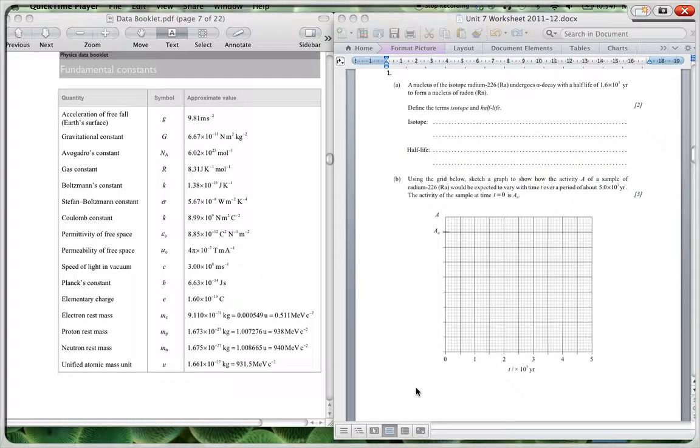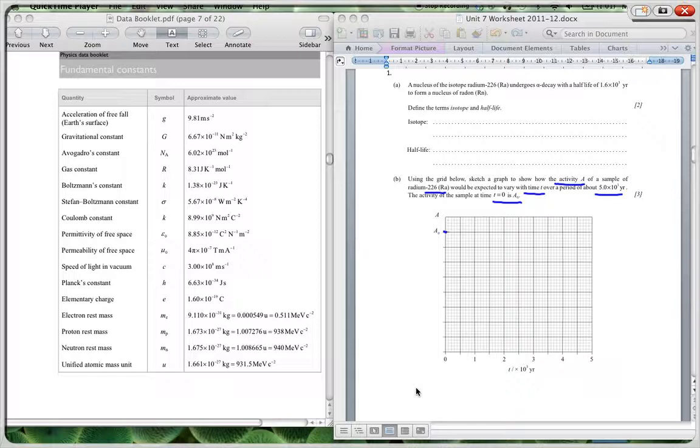Question B says, using the grid below, sketch a graph to show how the activity A of a sample of radium-226 would be expected to vary with time over a period of 5 times 10 to the 3 years, 5,000 years. The activity of the sample at time t equals 0 is A0. So this is our starting off.